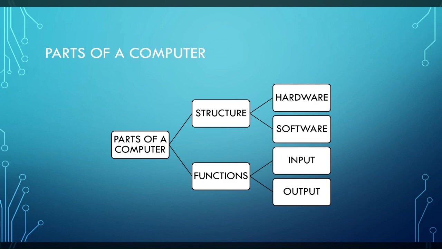Now we will see each and every function, every device, or you can say parts of the computer. So first we will see hardware and software devices. As the name suggests, hardware, anything that we can touch. So basically, hardware refers to the physical parts of a computer that can be seen and touched.